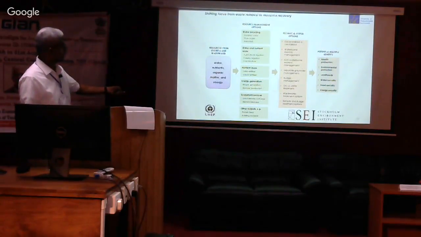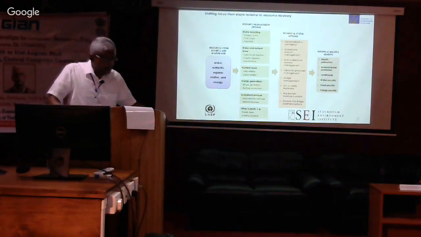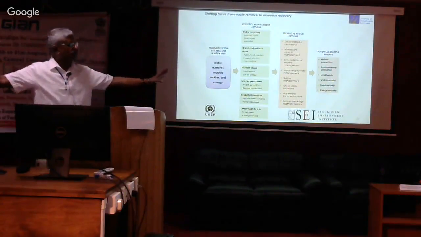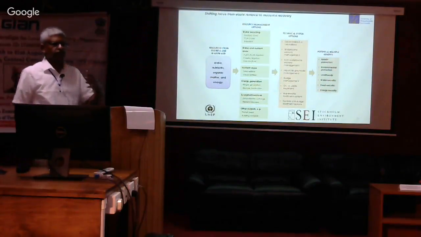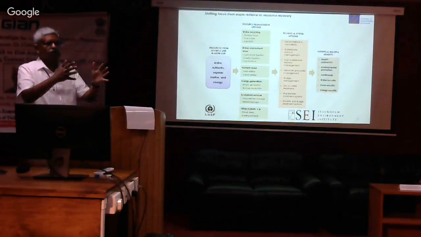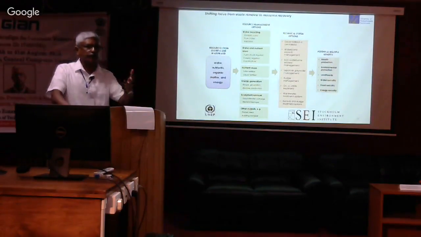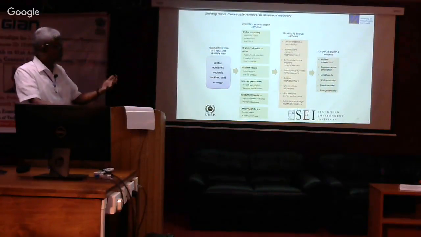Then we come to nutrient reuse, agricultural irrigation, forestry, aquaculture. Aquaculture is now becoming very important. If you look at the worldwide fishing scenario, we have overfished. That means when you have a fish stock, it has a certain replenishment rate. If you fish now at a rate more than that, then you are depleting the stock.